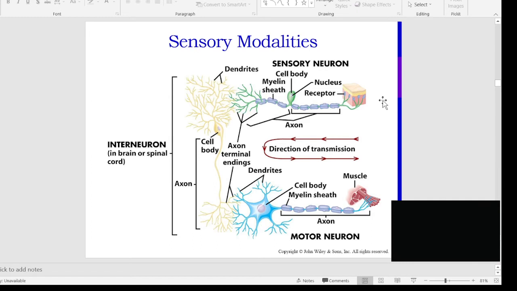That is an example of a reflex. That response does not reach the brain. The withdrawal happens at the cord. It passes through the interneuron, then goes back to the effector organ.